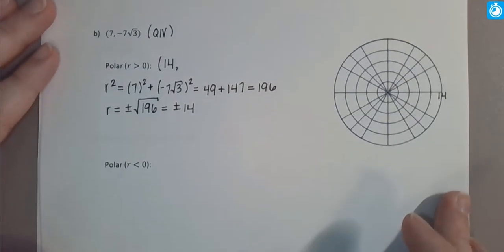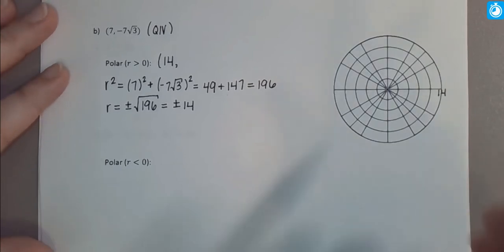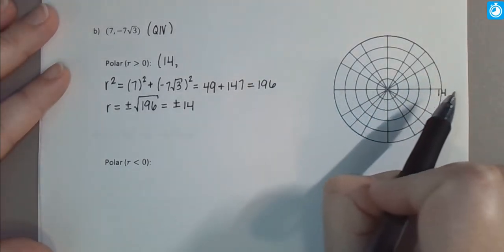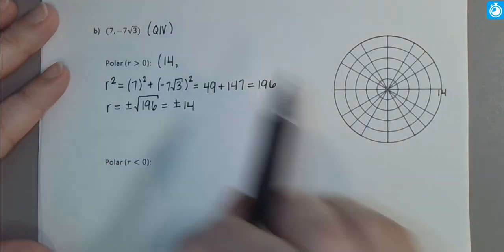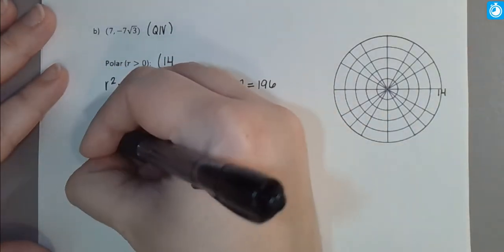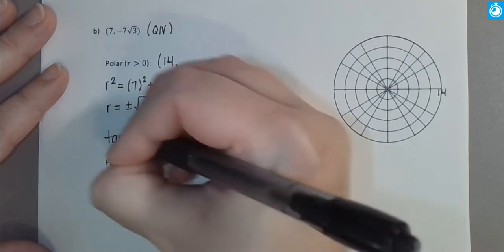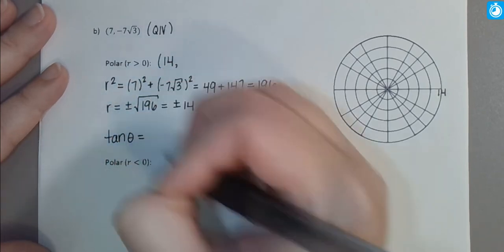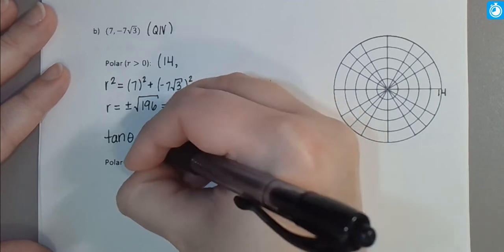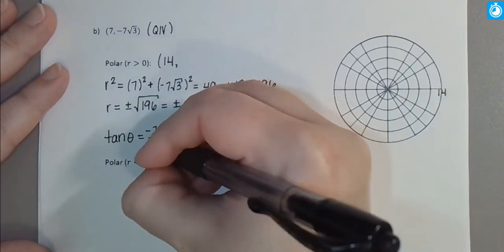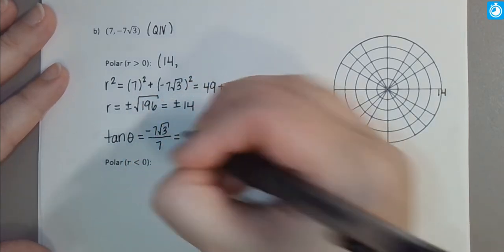Now, what about our theta? We need an angle that's going to take us from the positive polar axis all the way around to something in the 4th quadrant. Okay, so we know the tangent of our angle is going to be y over x, so -7√3 divided by our x coordinate, which is +7.